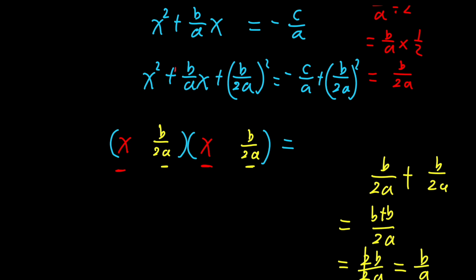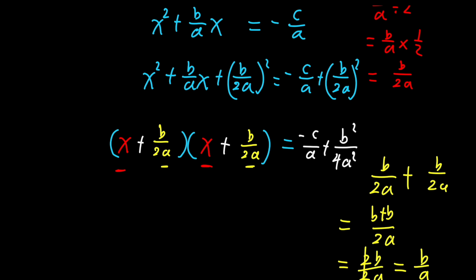Since they are all positive, we will keep the same positive sign. And on the right hand side, we can simplify a bit, and it's going to be negative c over a plus b squared over 4a squared.